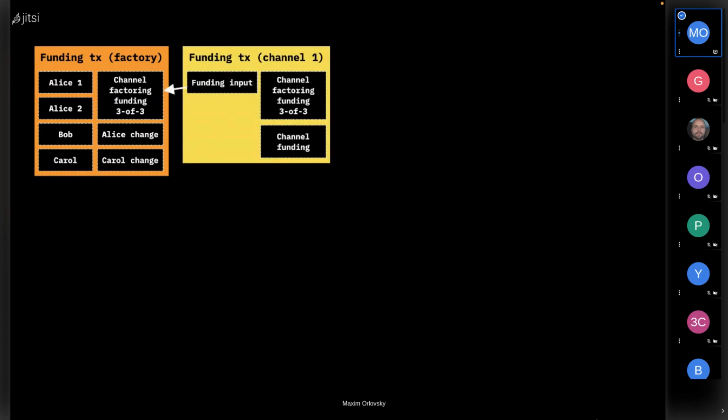Once it's mined, the participants in the channel factory open the first channel with the funding transaction for channel 1. They use the channel factory as an input, and they also create a channel funding output, and a second output that keeps the rest of the funds which were not used in channel 1.